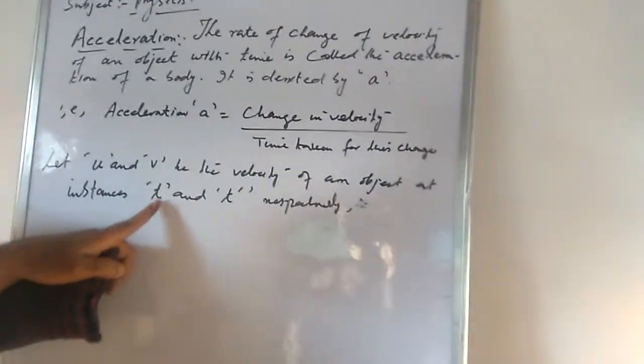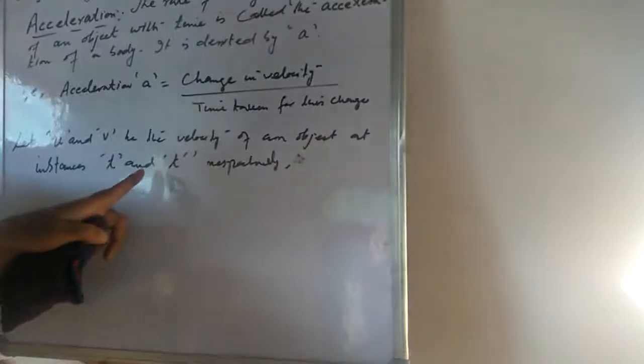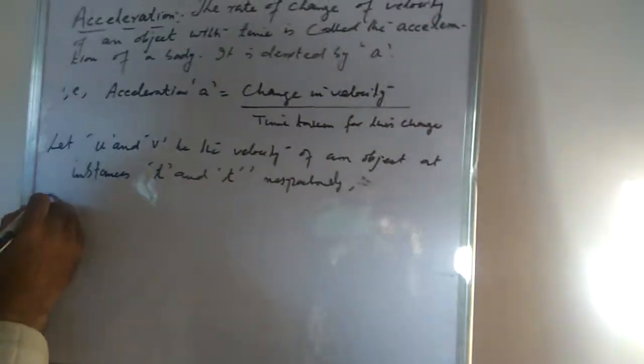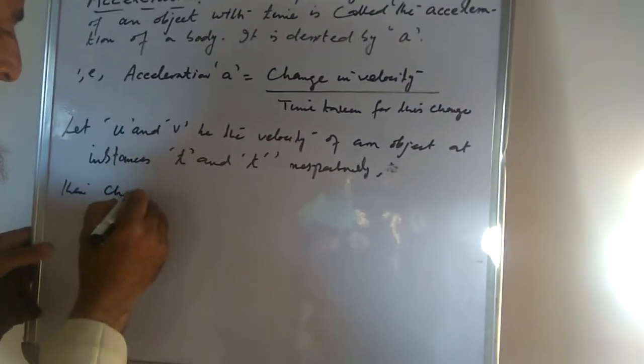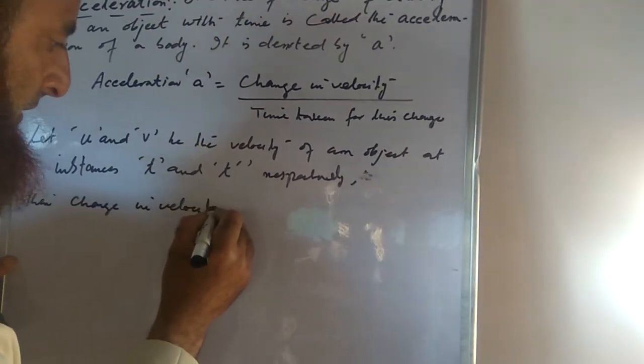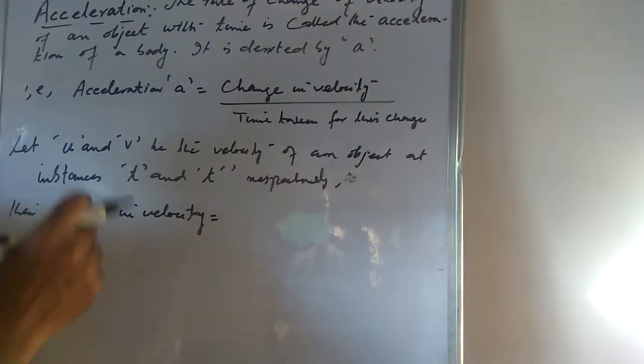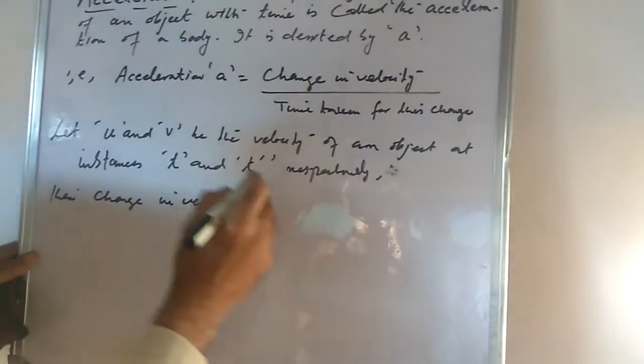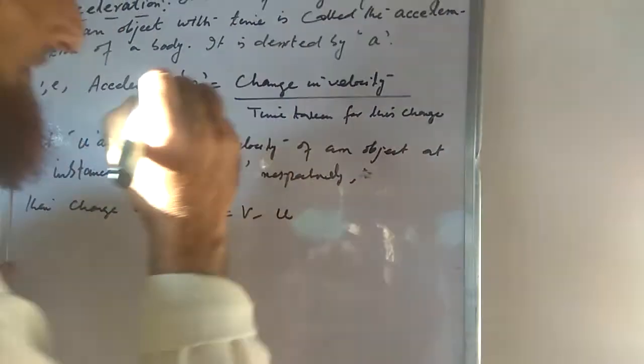Let us suppose u is the velocity of an object at time t and v is the velocity of an object at time t dash. Then change in velocity: how much does the velocity of an object change? From u to v, that means final velocity minus initial velocity.